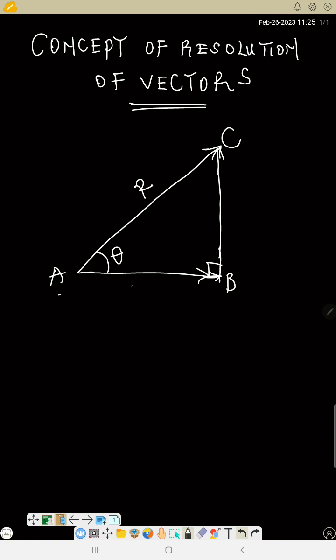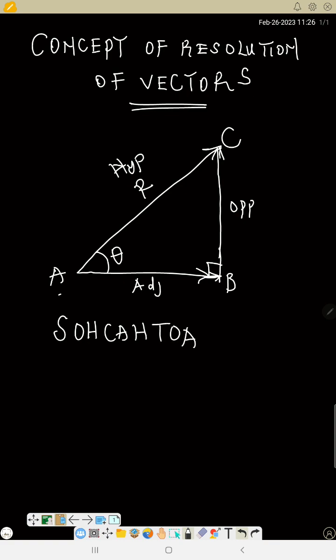Now what is AB? According to your right angle triangle, this place is opposite, this is hypotenuse, and this is adjacent. Now we'll use SOHCAHTOA.